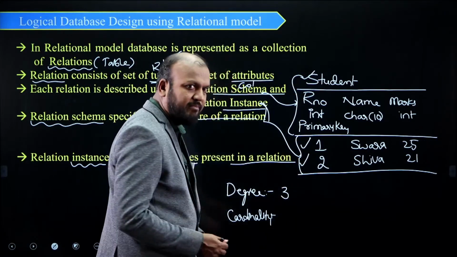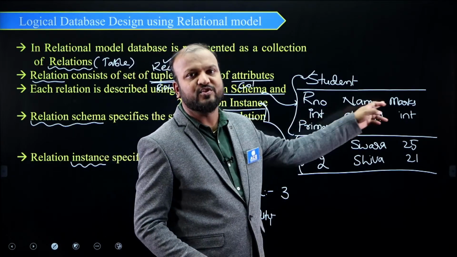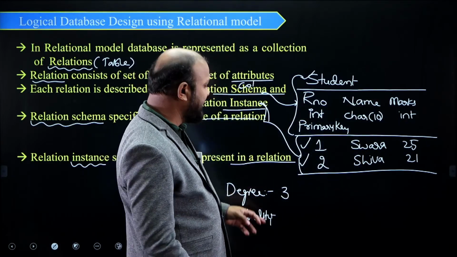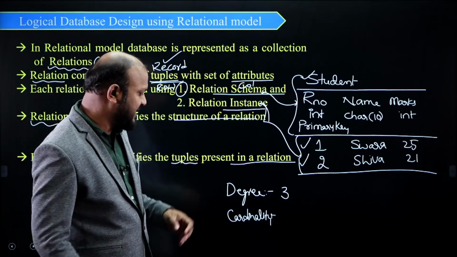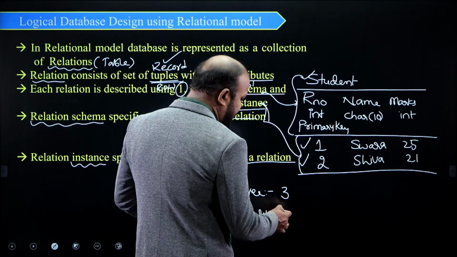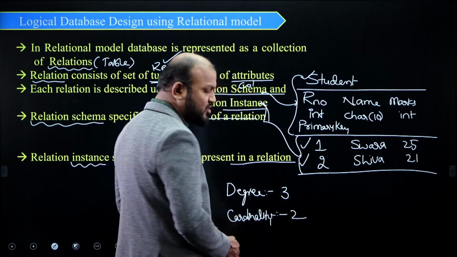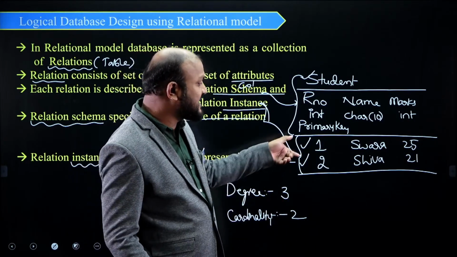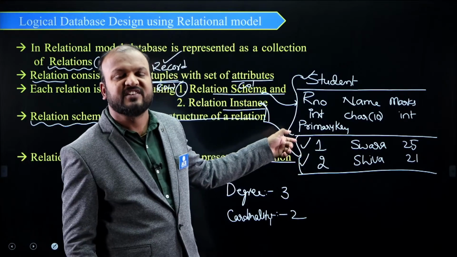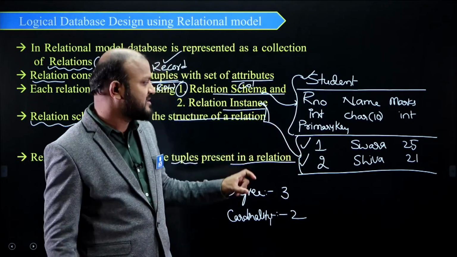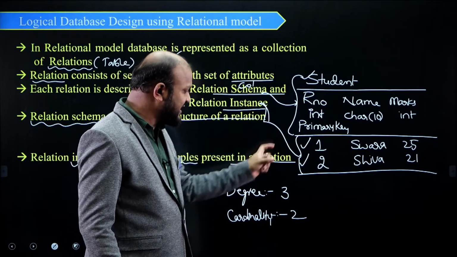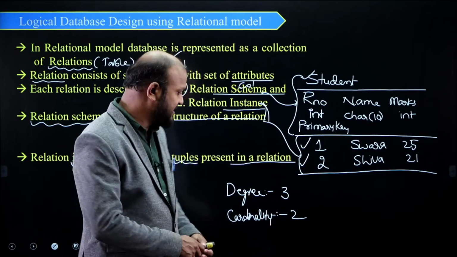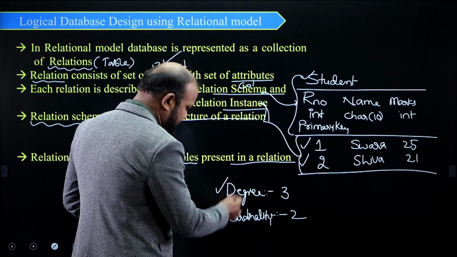It means the number of attributes in a relation is called degree. The cardinality here is 2. The cardinality specifies the number of tuples present in a relation instance. In an instance, how many tuples are present? That number is called cardinality. These are the 2 things.